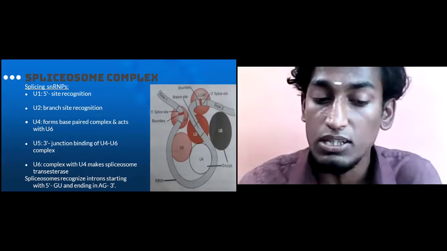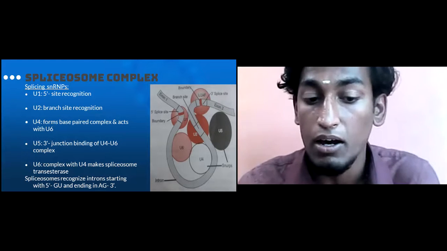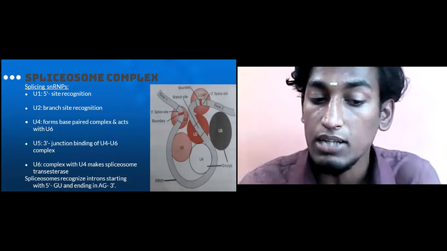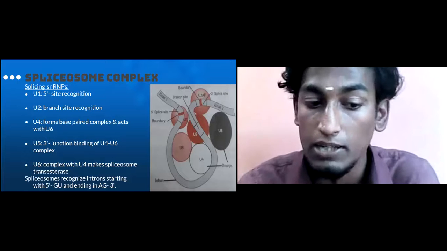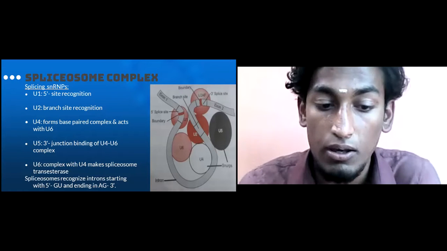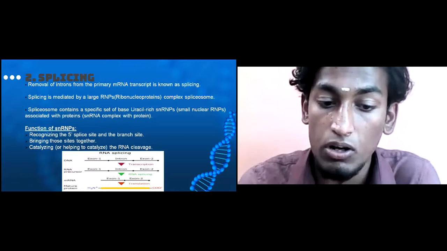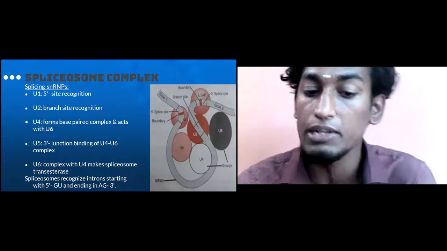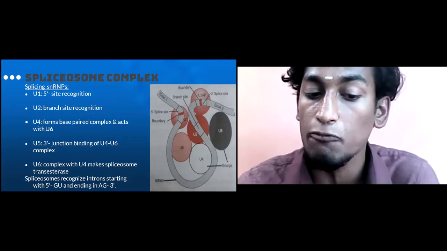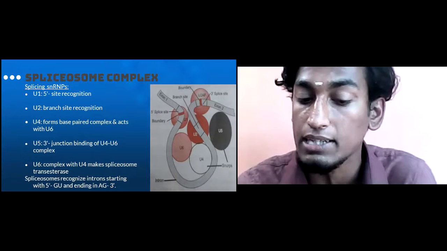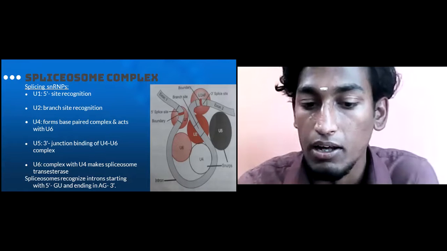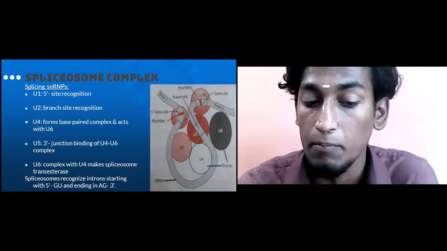And in two distinct stages, the pre-mRNA, or the primary transcript, is spliced. The pre-mRNA is cut at the 5' splice site in the first stage of splicing. This cut frees exon 1 from the intron, and the intron's 5' end connects to the branch point, and this intron folds back on itself, creating a structure called a lariat. The spliceosome is key in carrying out this reaction.